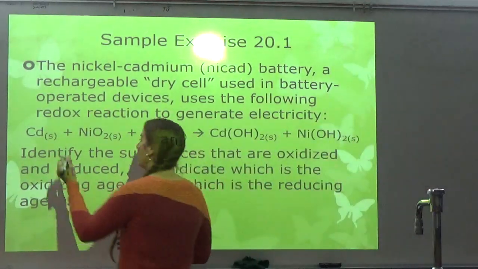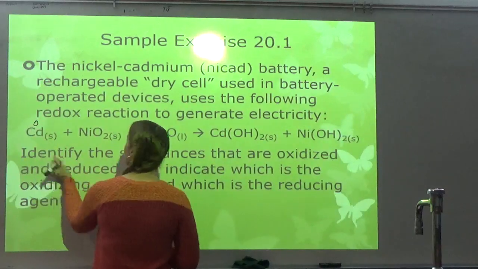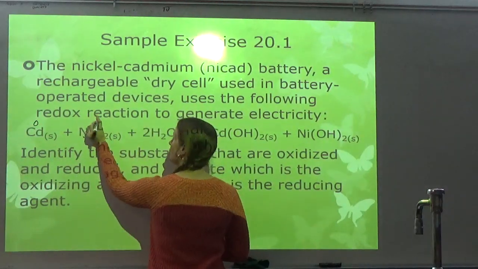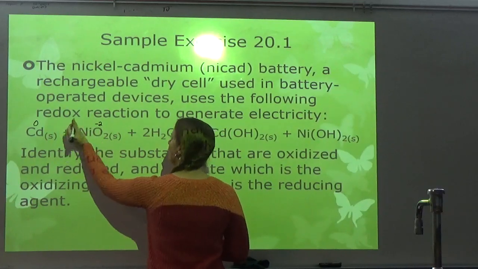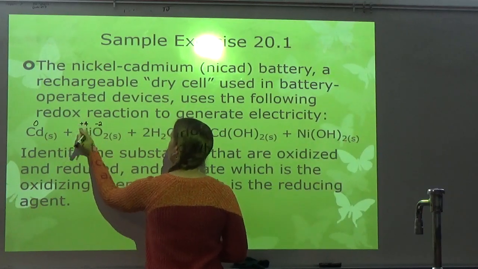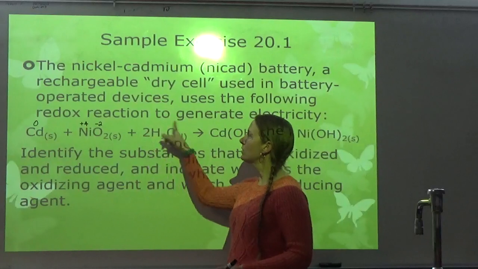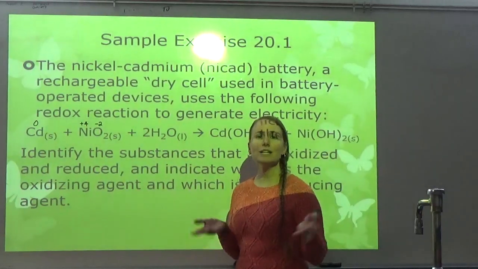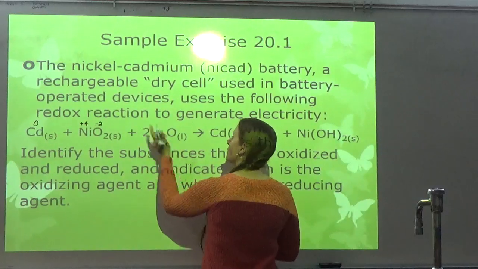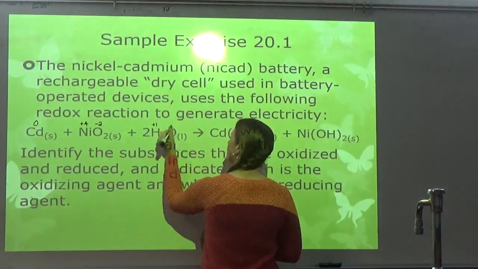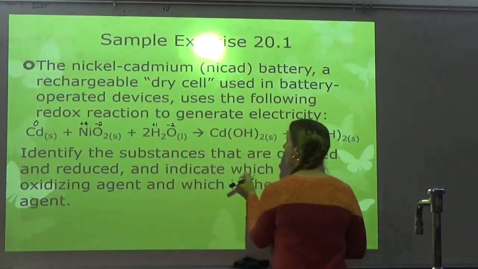Any element by itself is 0 for its oxidation state. Oxygen is -2, but since there are 2 of them, that's -4, so nickel must be +4. Remember, for a neutral substance, the oxidation states must add up to be 0. Hydrogen, when it's with a nonmetal, is +1, and oxygen is -2.